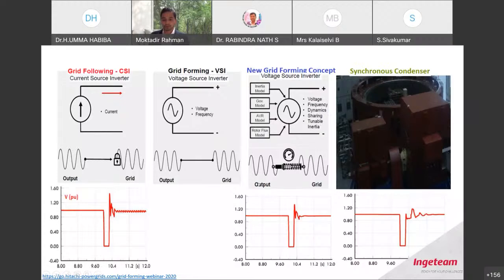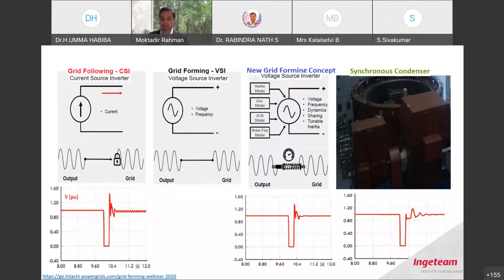So, for example, here you can see that it can adapt its control and track the grid. As you can see, during the fault and after the fault recovery, it recovered to the pre-fault level. And there's the synchronous condenser. It also has the technology to support high short circuit power and inertia to the grid.